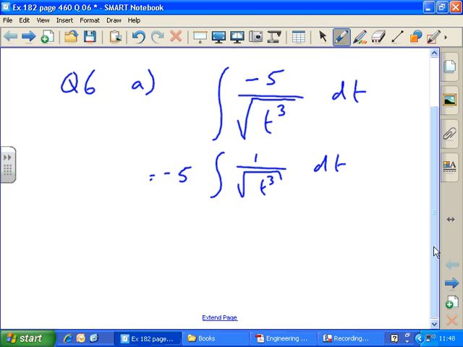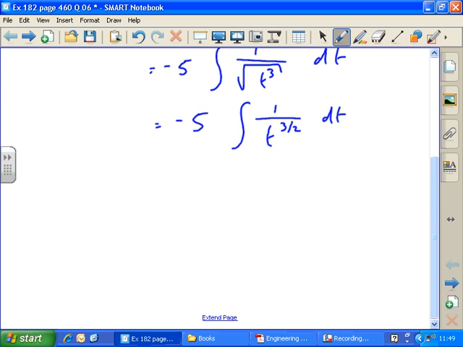So the first step is to rewrite the power underneath as t to the 3 over 2. And again, using laws of indices, this becomes the integral of t to the minus 3 over 2 dt.